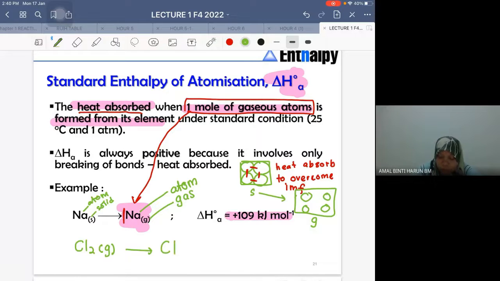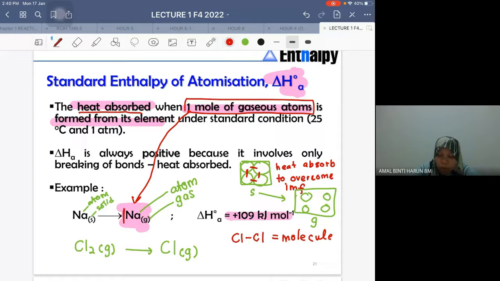Atom klorin. Apa condition dia? Apa phases dia? Gas. So, ini adalah gaseous atom. Asalnya dia macam ni: klorin bond klorin. Ini molekul.